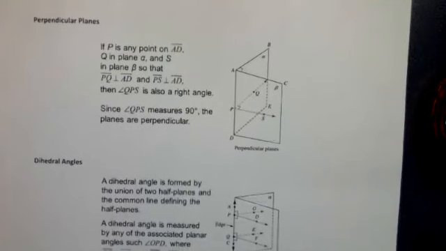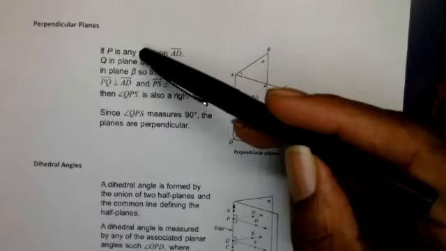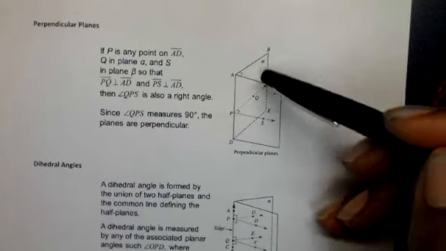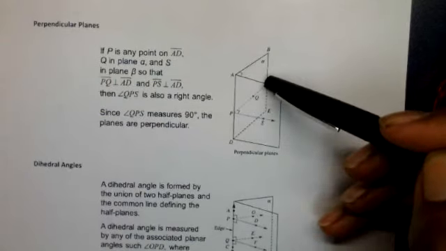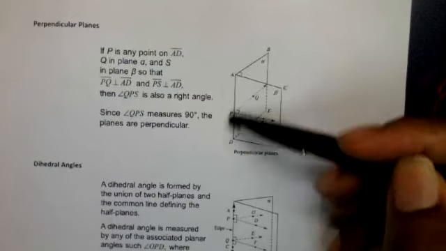One would be the perpendicular planes. If P is a point on line segment AD, Q is in plane alpha and S is in plane beta, so that PQ, here's PQ right here, is perpendicular to AD. Here's AD.